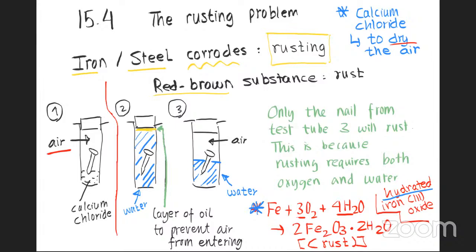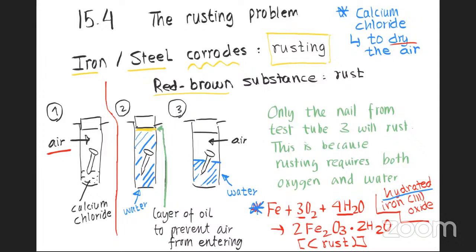Okay, so after this, let's move to the next part: how to prevent rusting. When iron or steel rusts, the appearance becomes poor, the iron or steel becomes weaker, and it gets easily destroyed. So how do we prevent rusting? Well, there are 2 ways to prevent rusting.